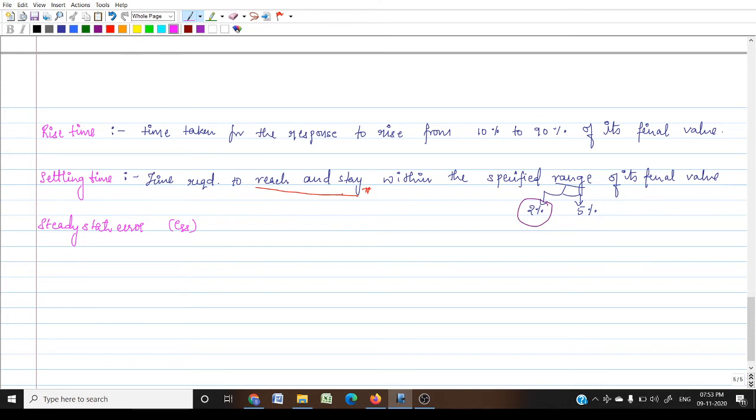Now we know the error signal. I'll first write the definition of it.